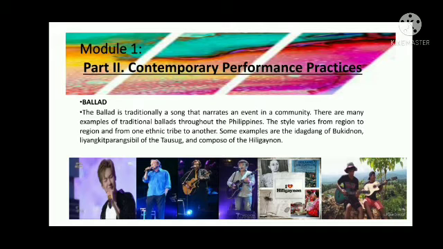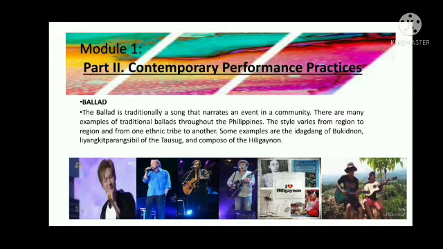Many traditional ballads came to North America with settlers from Europe. Others were composed in North America and tell stories or relate ideas that tell us about attitudes and experiences of our nation. There are many examples of traditional ballads throughout the Philippines.